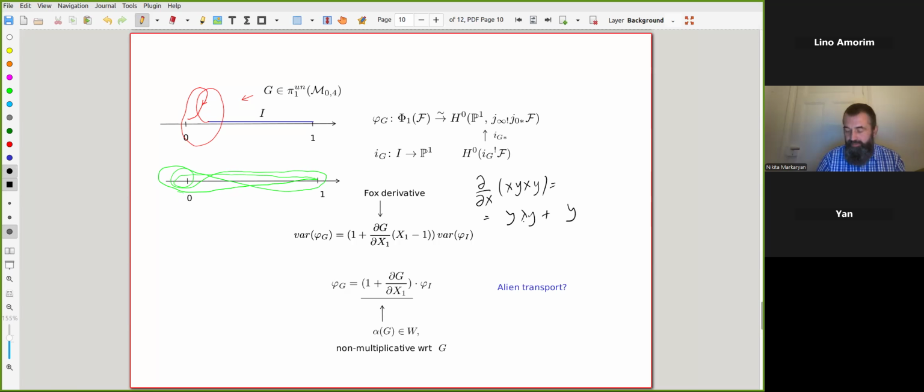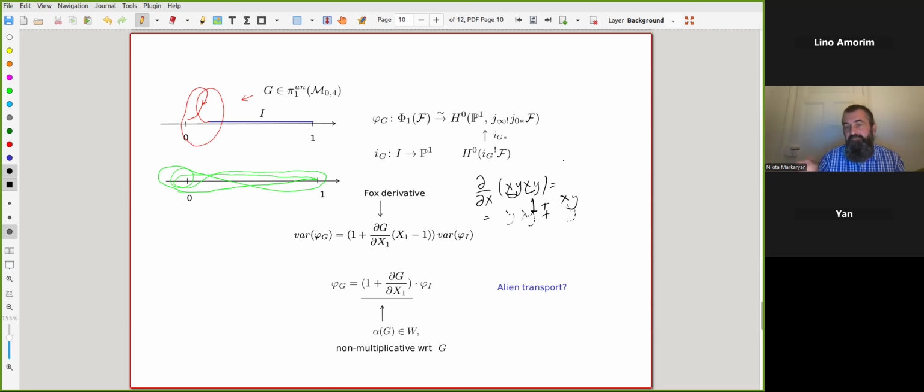Sorry, let me restate the rule: you take the derivation by x, and you cut off the rest. In this case, it will be 1 plus xy. So we differentiate by x and cut this, and it gives 1. Then at the next appearance of x, you differentiate by x, and it gives xy.